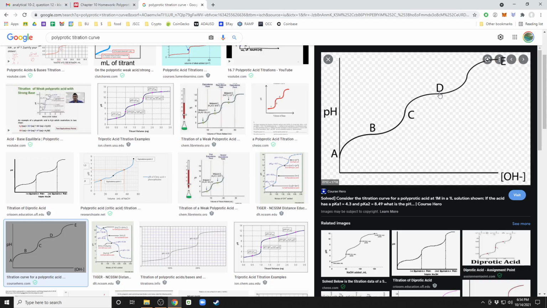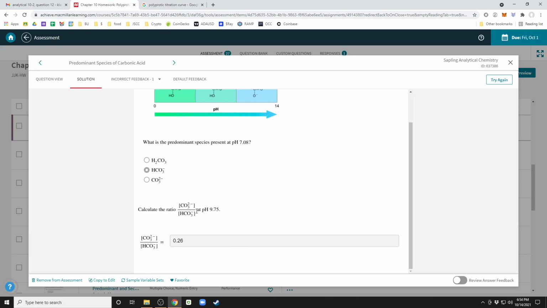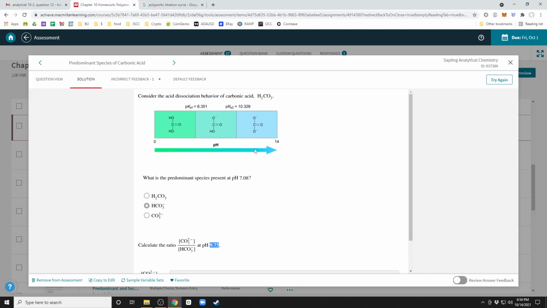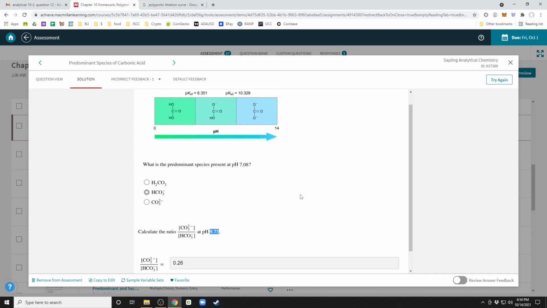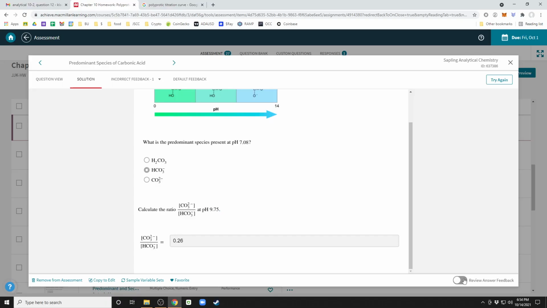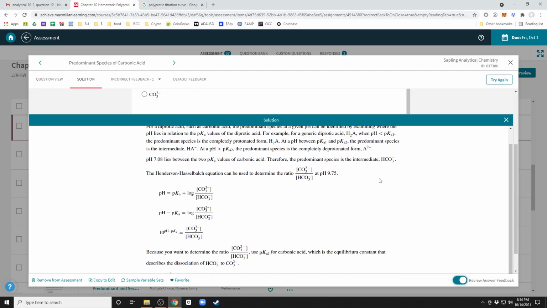It would be midway between here and here, which would be pure species. So you're going to be looking at this ratio of the CO3 2-, which is the base, versus the HCO3 minus, which is the acid. You're going to plug in the pH here and the pKa from the table right there into the Henderson-Hasselbalch, and you'll solve for that ratio.